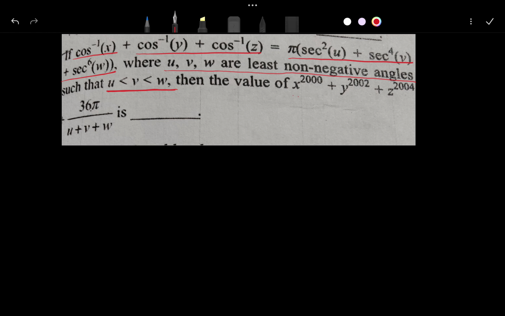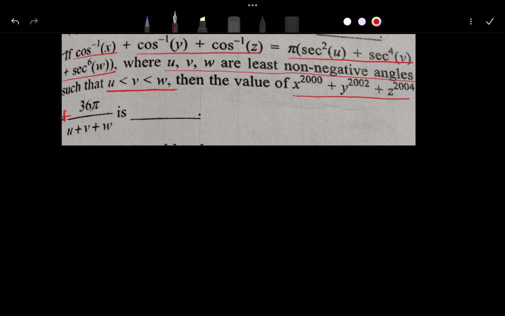Then what is the value of x power 2000 plus y power 2002 plus z power 2004 plus 36 into pi by u plus v plus w?